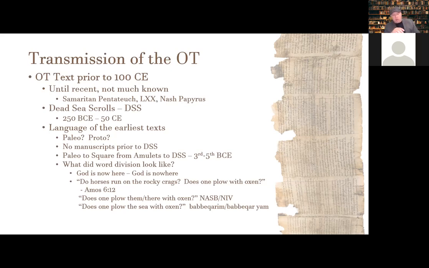So one thing to remember is we have no manuscripts prior to the Dead Sea Scrolls. We have the Septuagint, which in some cases predates the Dead Sea Scrolls, but we really don't have any Hebrew texts that old of the biblical narrative text, the books we call the Old Testament. So we have to do some work historically to see. Now, when we think about that idea, it can draw some questions or concern.